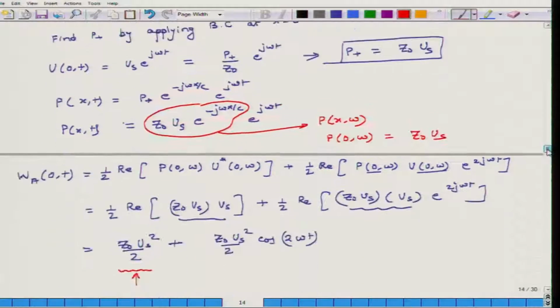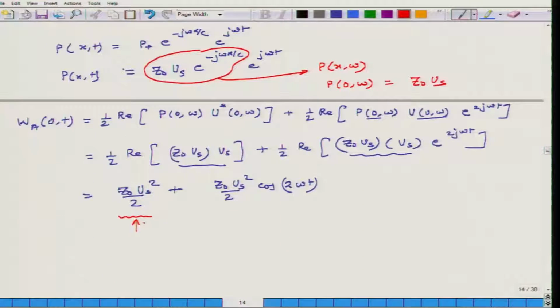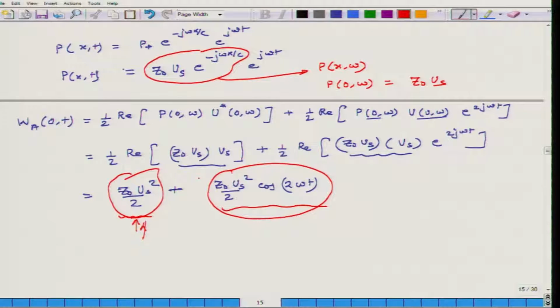Here you have a resistor system, and because of this you have a constant energy which is getting dissipated per unit time, per unit area, and its value is this, and this is the cyclic portion. At some point air gets compressed, in the next cycle it expands. Because of that this portion of energy just recycles, but this is the energy which gets dissipated per unit second.